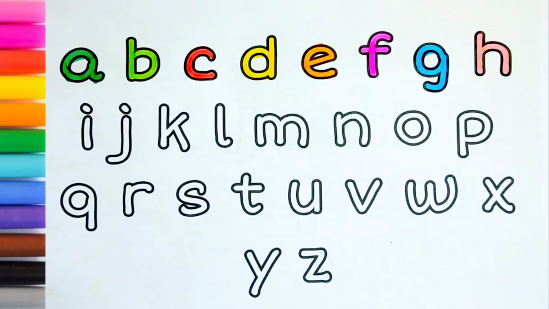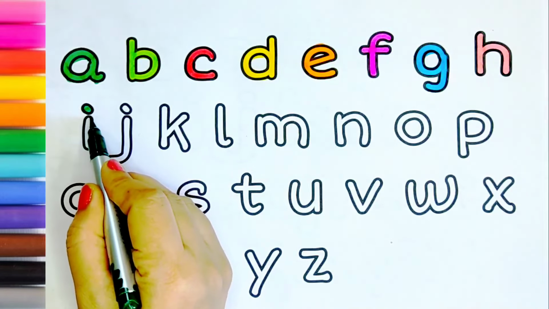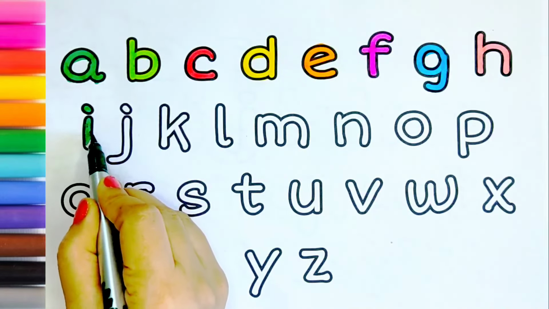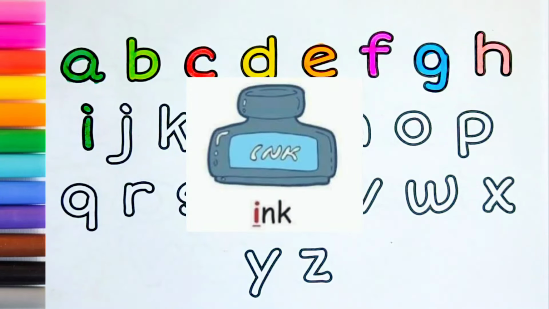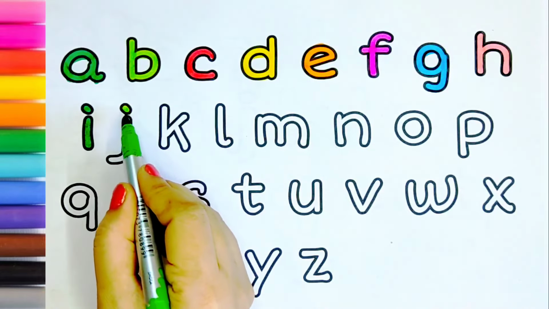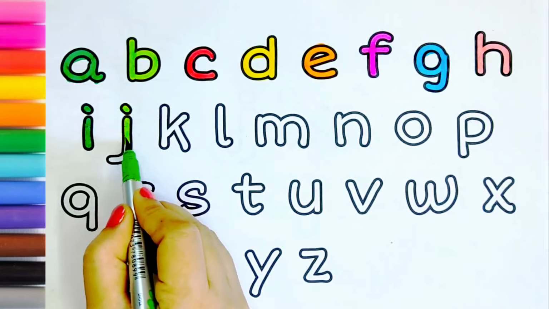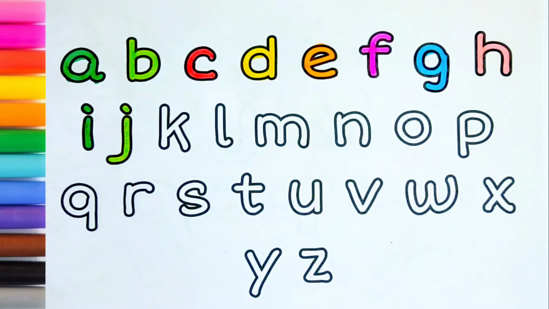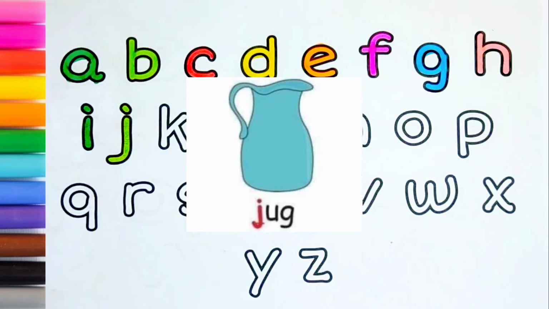Dark green color. I. I for ink. Light green color. J. J for jug.